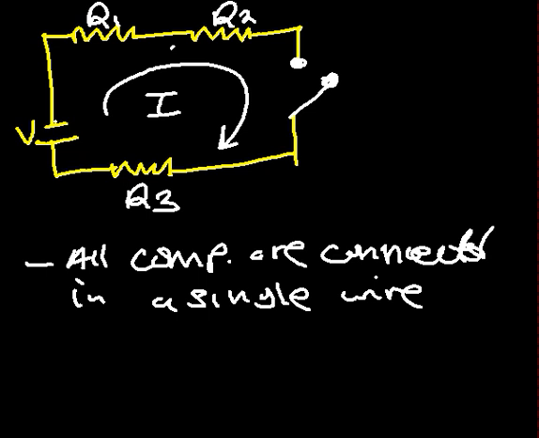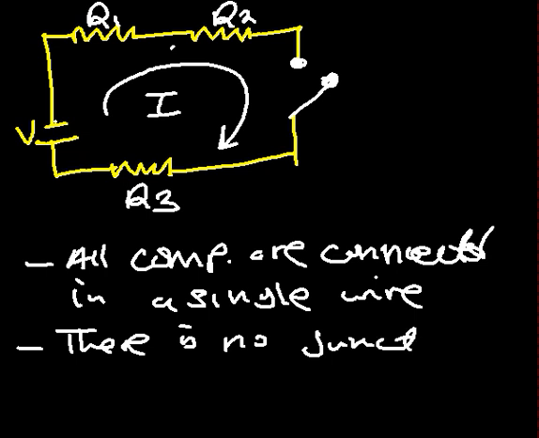And I should also understand that there is no junction. In a series circuit, there is no junction. Much as all components are connected in a single wire, no junction will be present.